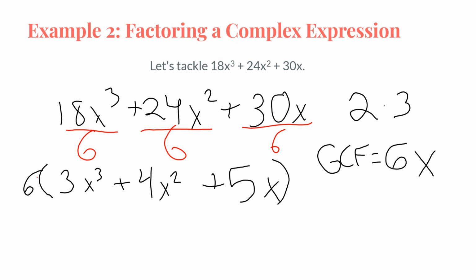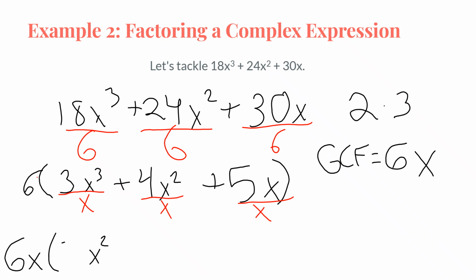So same thing. We're going to divide everything by x. And that gives us, we're going to have to add an x in the factor part. And then we have x cubed divided by x. That's going to give us x squared.